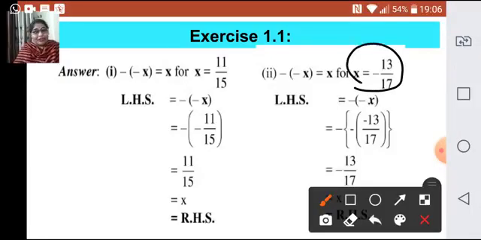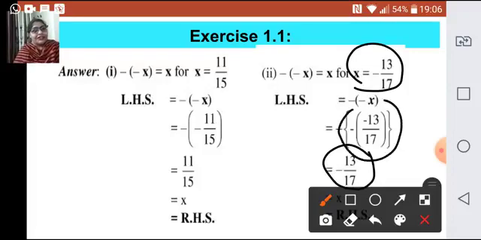Our x value is negative 13 upon 17 only, right? This inside negative will become positive, but negative and positive will be negative only. So if you take the negative of the negative of any given rational number, the answer will be the same rational number, whether it is positive or negative.